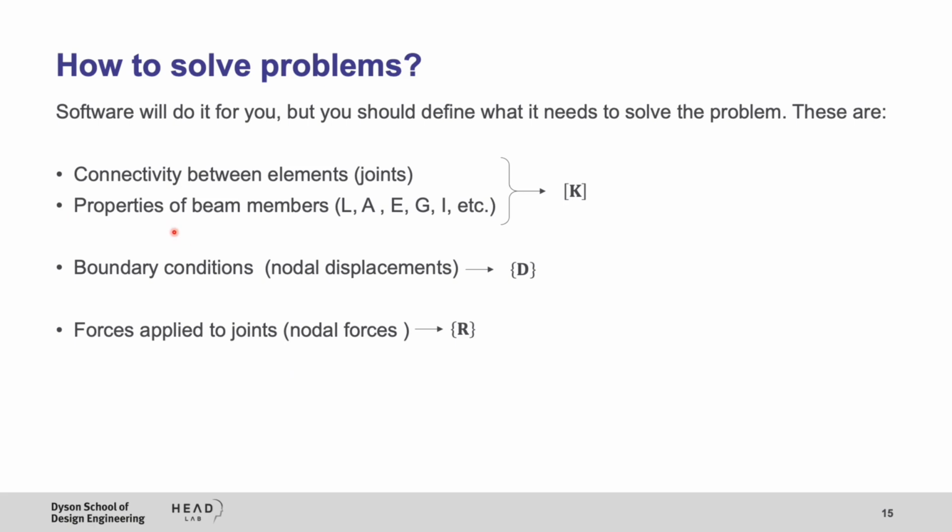We also should provide properties of beam members: length, cross-sectional area, second moment of area, material properties, elastic modulus, shear modulus, etc. All of these will go into the structure stiffness matrix. We should also provide boundary conditions or known nodal displacements. They go into the D matrix. And we should also provide loads applied to joints, which go into the vector of nodal forces.